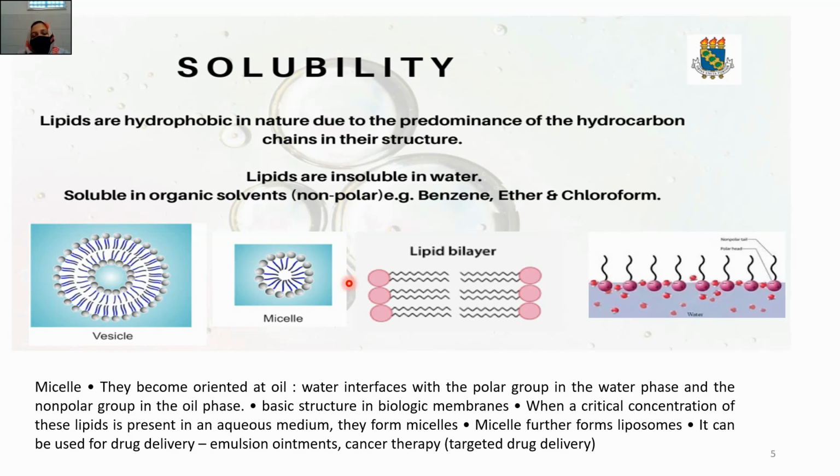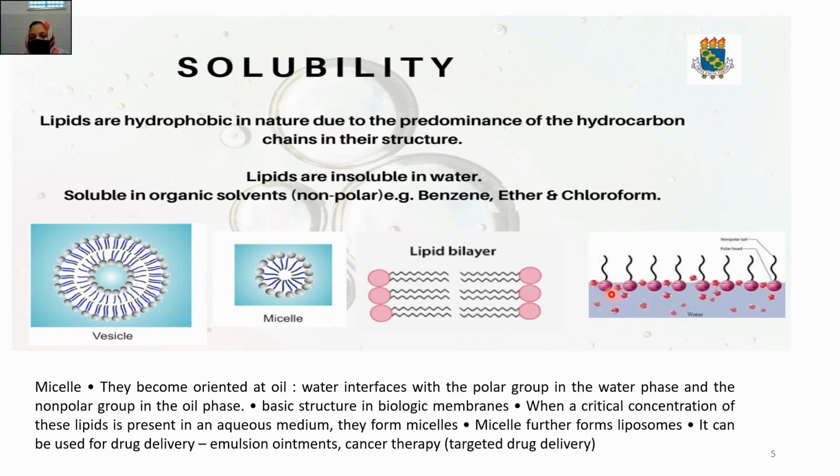So the short chain carbon fatty acids are to some extent soluble, but the long chain fatty acids are insoluble in water, and in water they can form different structures. If you see here, this is a monolayer.